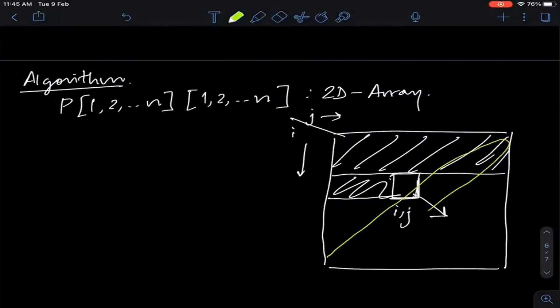Well, it's going to be the main diagonal, which is I equals J, and then you are just going to fill up for increasing values of J minus I. So I think it's going to go this way. Yeah, that's the way in which you're going to fill up.